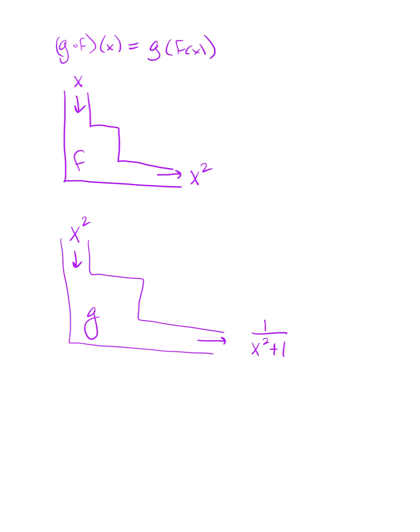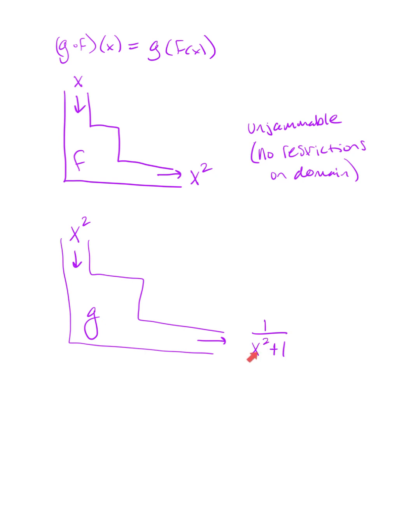Okay. So this is an unjammable machine, f. f is unjammable. Okay, so that means I can plug any x in. So no restrictions on the domain. Okay. Now g, I have to be careful not to make this denominator 0.